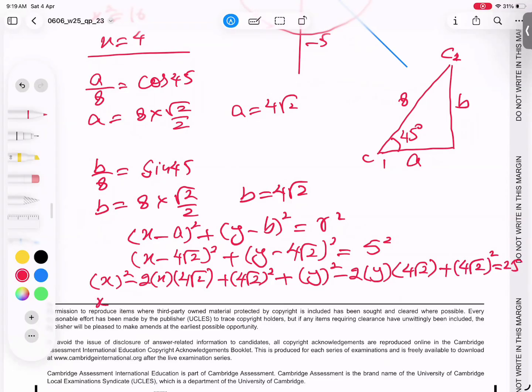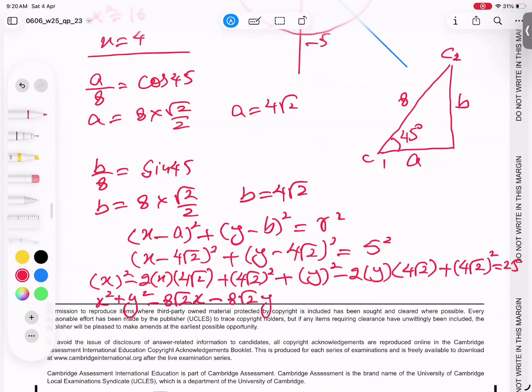Now x square comes from here and this y square I'm writing beside it. 2 times 4 is 8 and I'm getting here minus 8 root 2 times 2x. And similarly for the y value, I got minus 8 root 2 times 2y.